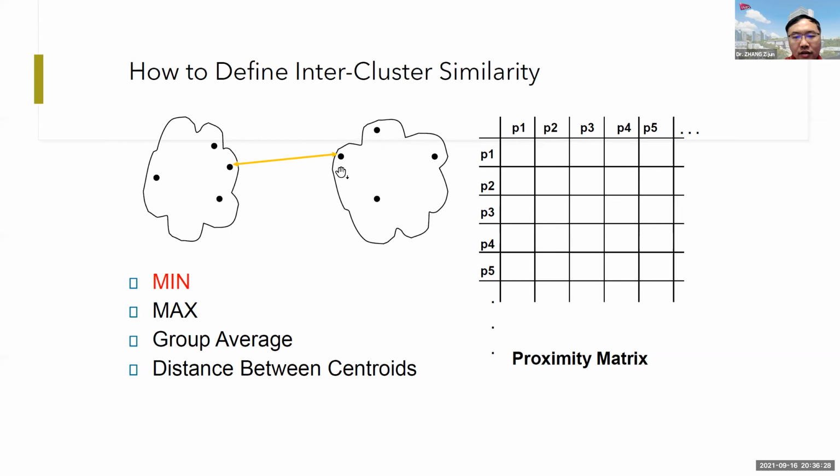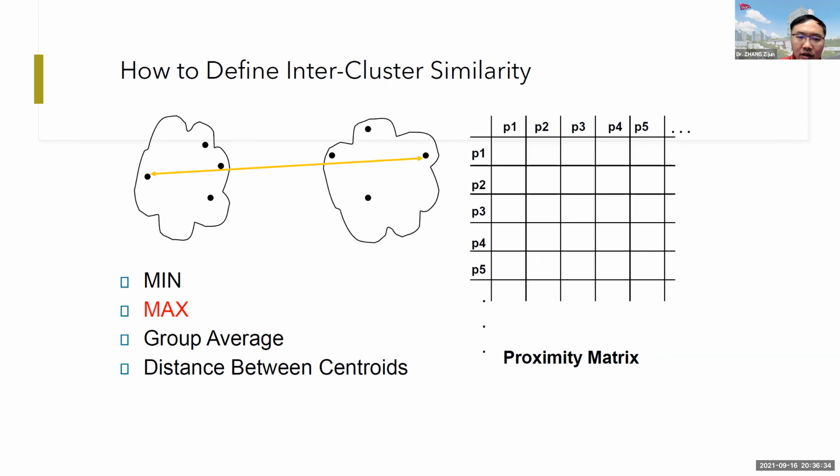This figure illustrates the situation. The max distance means the farthest pair of data points: 2 data points that have the longest distance, most far away from each other in 2 clusters.